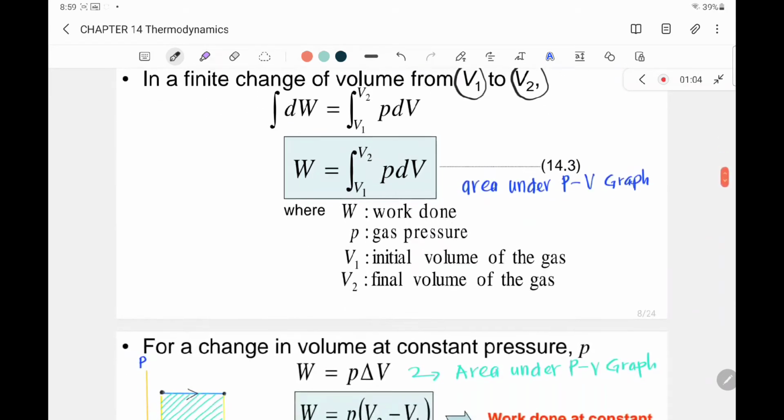So the work done is equal to the integral from V1 to V2 of P dV, which is the area under the PV graph, pressure volume graph. W is the work done. P is the gas pressure. V1 is the initial volume of the gas. V2 is the final volume of the gas.